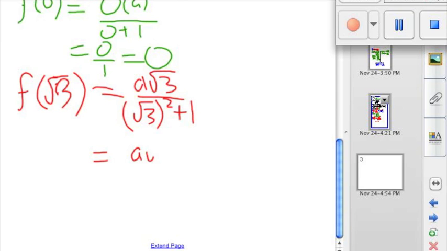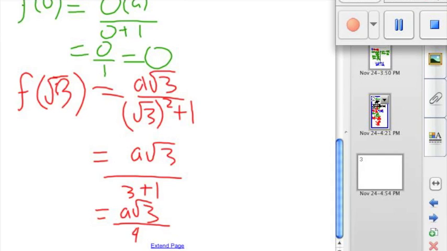That equals a root 3 over 3 plus 1, which equals a root 3 over 4. Any root squared always becomes the number without the root, so root 3 squared would then become 3. And as you can see, we follow that through in these steps. So we end up with f of root 3 equal to a root 3 over 4.